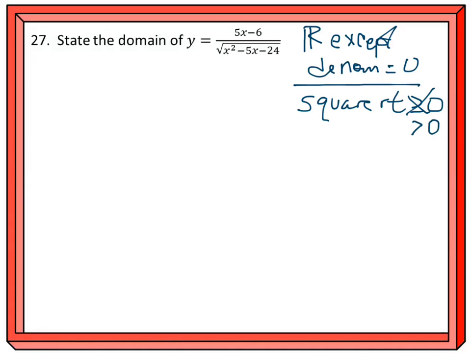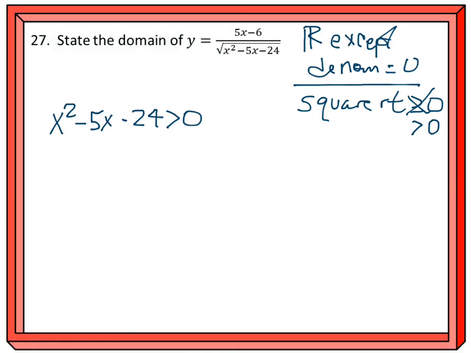So what we have here is x squared minus 5x minus 24 has to be greater than 0. Okay? So it can't be equal to 0 because that would make dividing by 0, and it can't be less than 0 because then that will make an imaginary number down in the bottom.